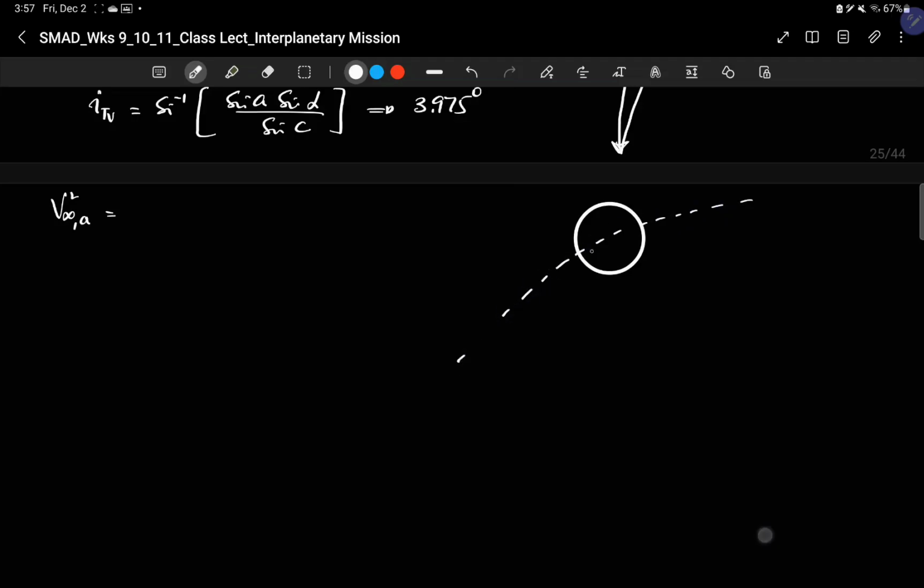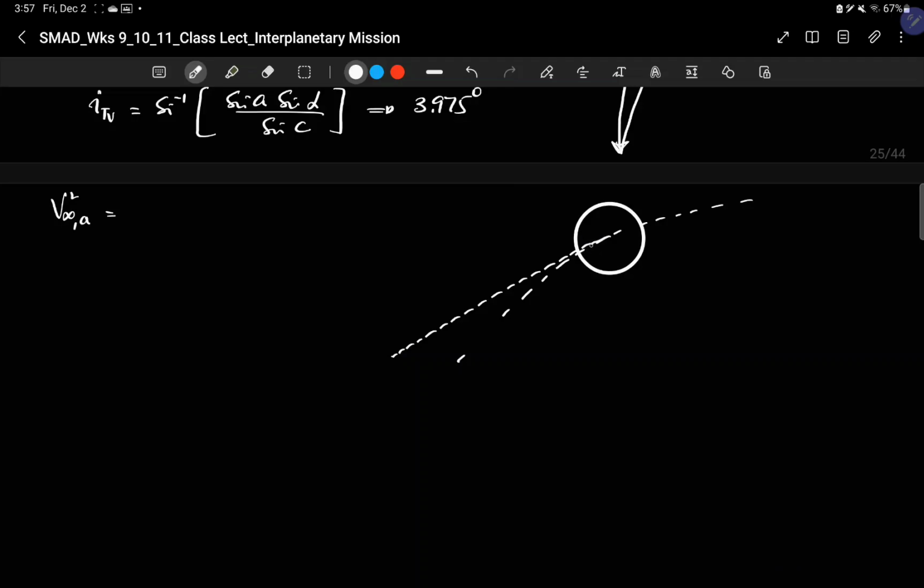The local horizon of Venus is mapped here in this position. In fact, we don't need to put an arrow here. We just need to put a dotted line showing the local horizon of Venus, from which the flight path angle was measured.